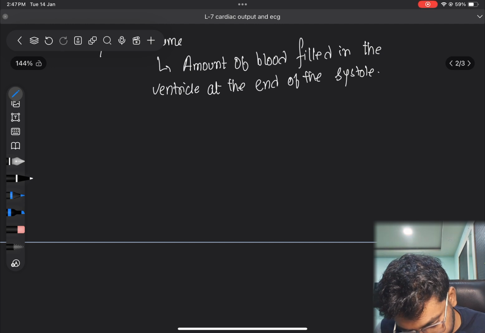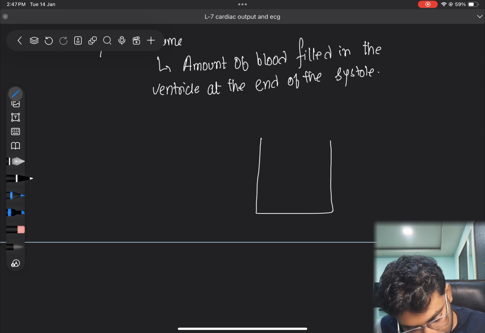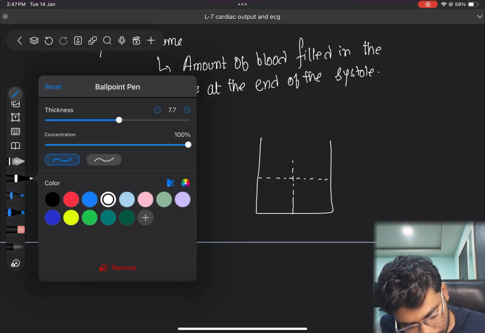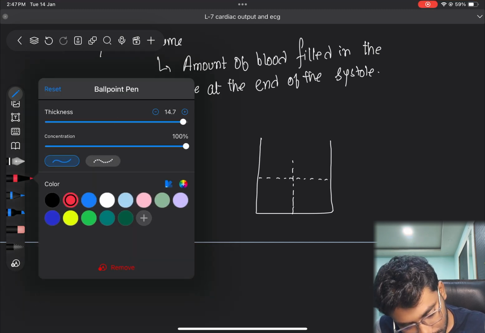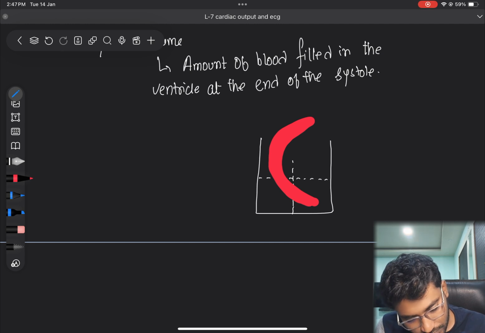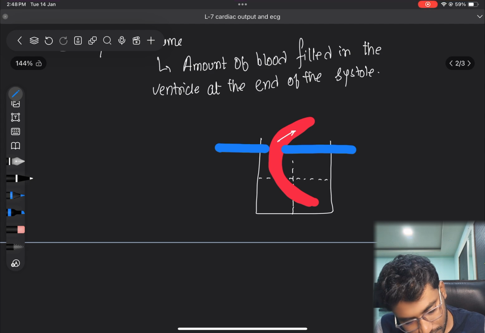Next we come to, okay, I am drawing a picture. Let it be the heart, the cheapest heart.